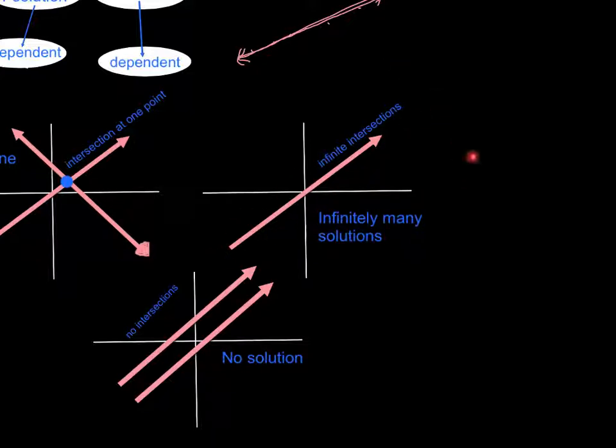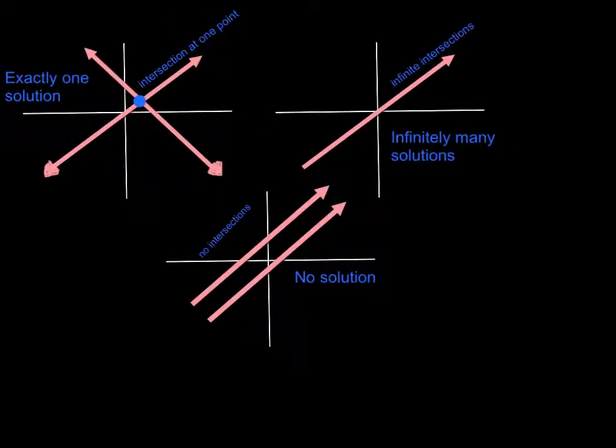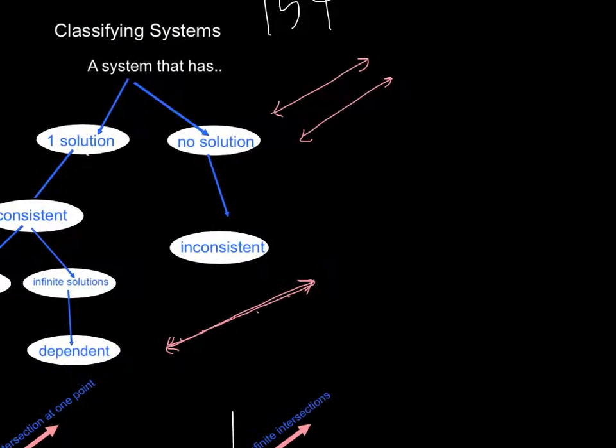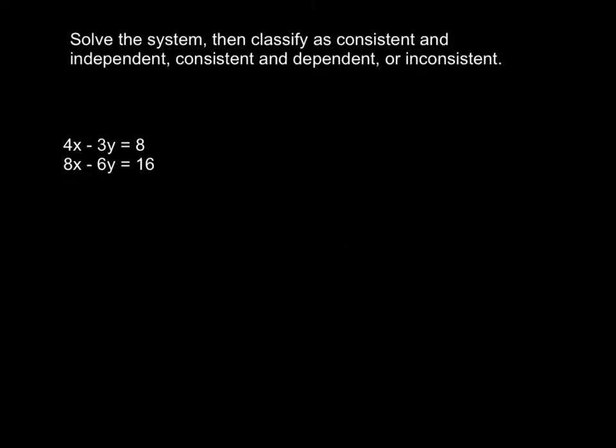That one would be consistent and dependent. Now, if there are no intersections, there are no solutions, and therefore it is inconsistent. For a problem of this section, the directions would be to solve this system, then classify as consistent and independent, consistent and dependent, or inconsistent.